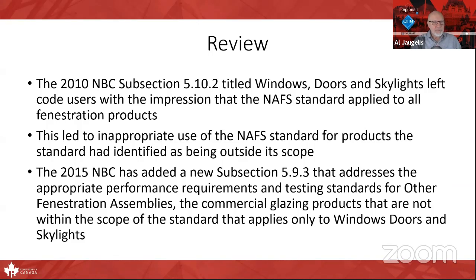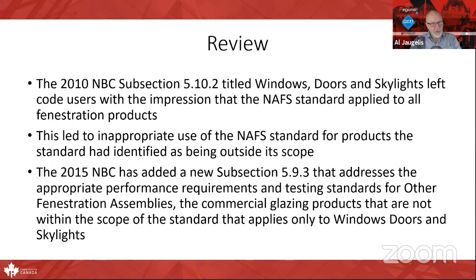Just a quick review. The 2010 Building Code, subsection 510.2, titled Windows, Doors, and Skylights, left code users with the impression that the NAFS standard applied to all fenestration products. This led to inappropriate use of the standard for products the standard had actually identified as being outside of its scope.